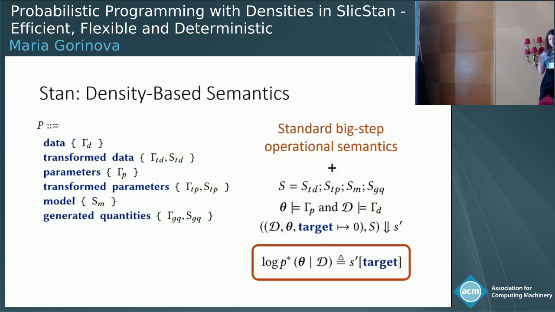And this really is the end of our first insight, that a Stan program is deterministic, and we can give an operational density-based semantics by combining standard big step operational semantics with taking the value of the target in the final state as a normalized posterior.